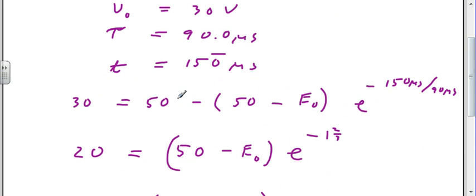All right, now we're going to move all the way up to the top and use my numerical solve. Numerical solve, 30 equals 50 minus, open parentheses, 50 minus x, close parentheses, times e to the minus 5/3.